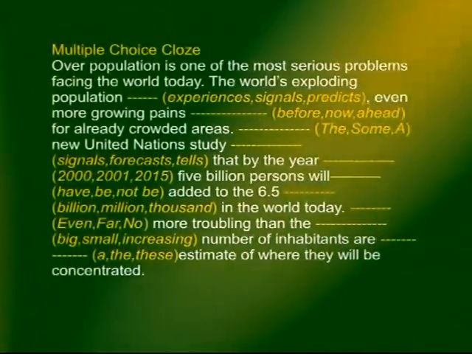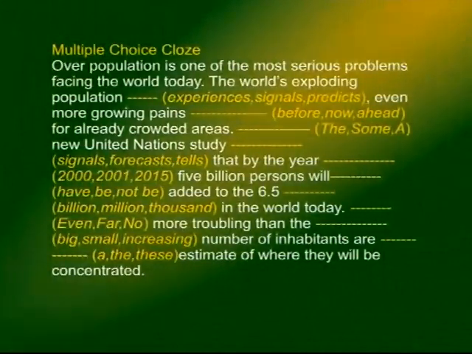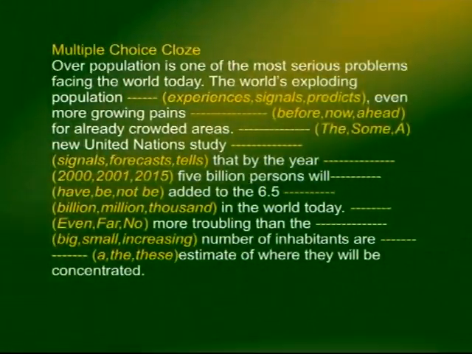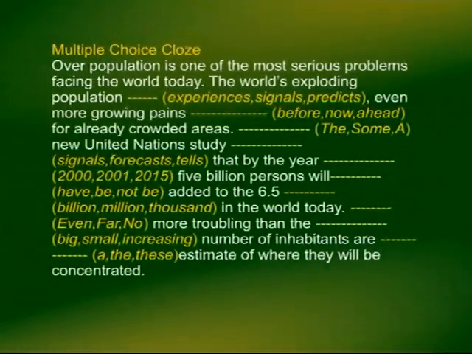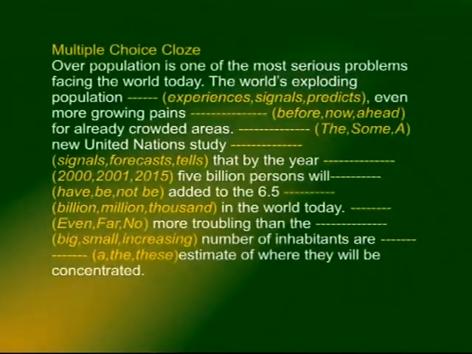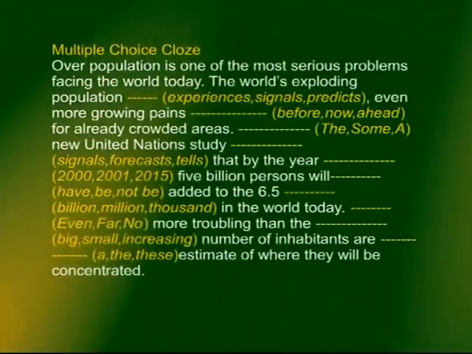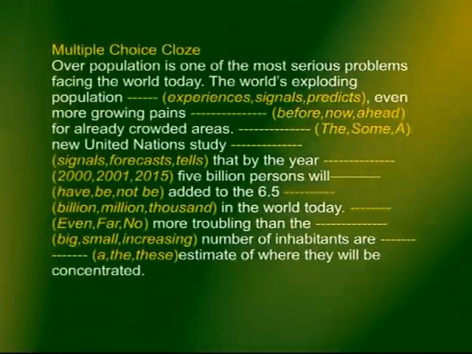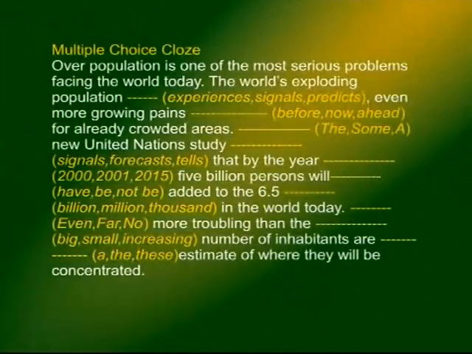Now use your discretion. I'm not going to tell you, you have to fill this passage on your own. Will be added to the 6 billion in the world today.